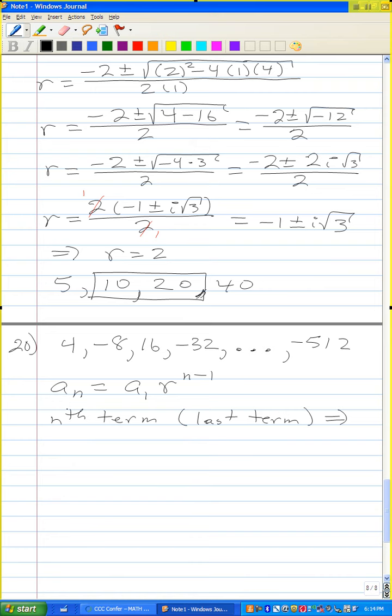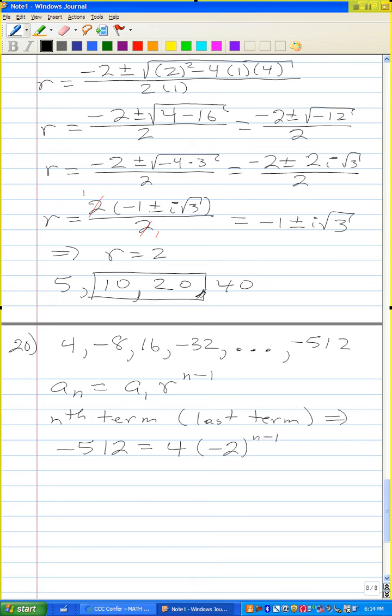And so the last term is, well, negative 512 is equal to a1. Well, I know what a1 is, 4, times r. Well, that's the common ratio. To go from 4 to negative 8 to 16 to negative 32, I have to keep multiplying by negative 2. And so I don't know what n is.